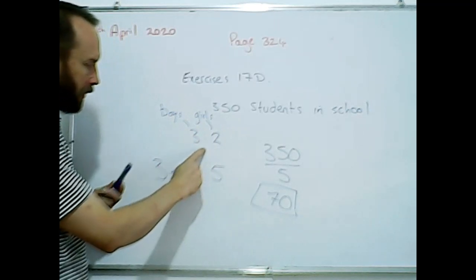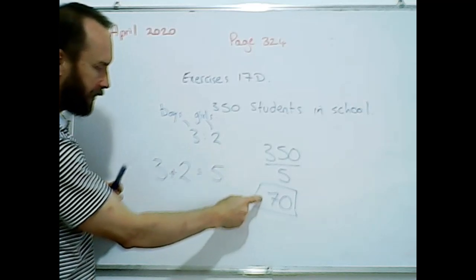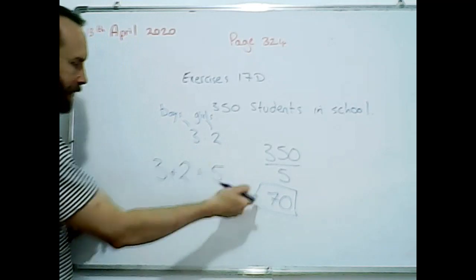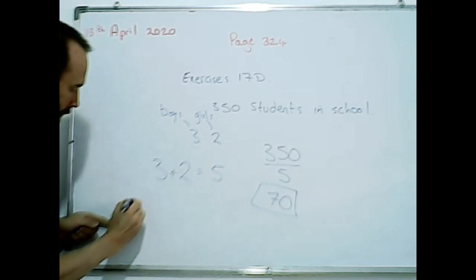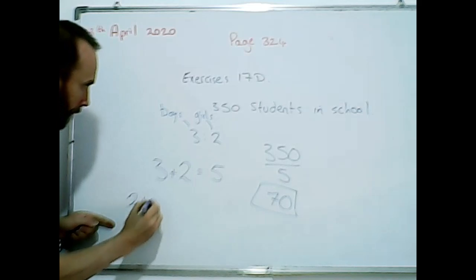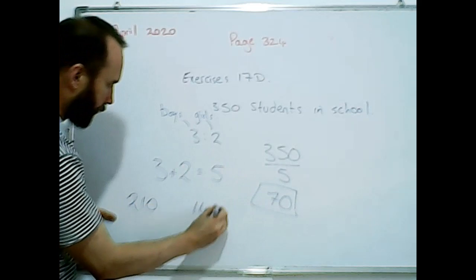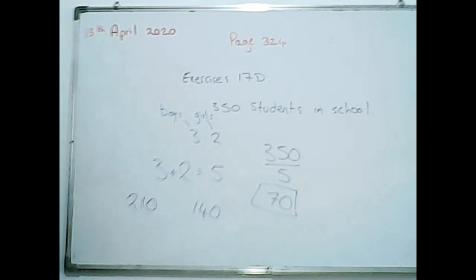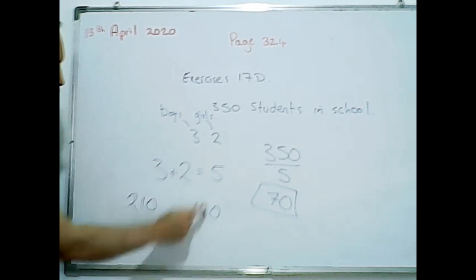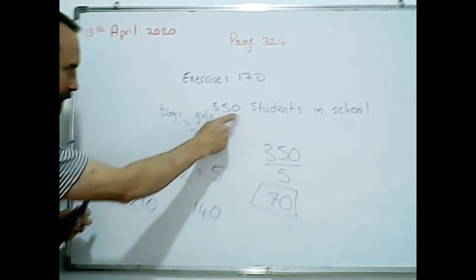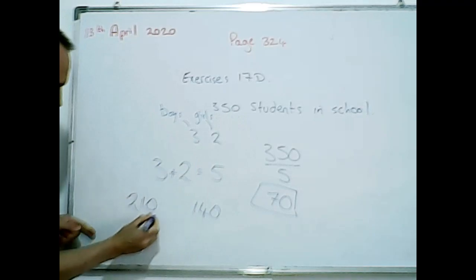So we then multiply this 1 by the 3 and the 2. 3 times 70 is 210. 2 times 70 is 140. So 210 boys, 140 girls.